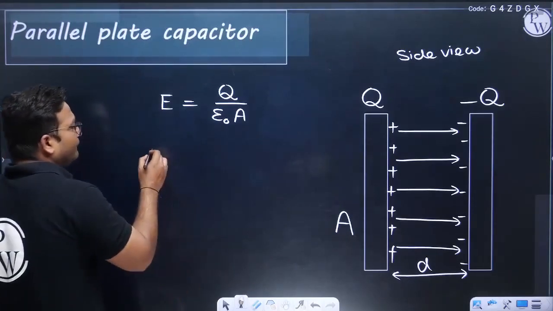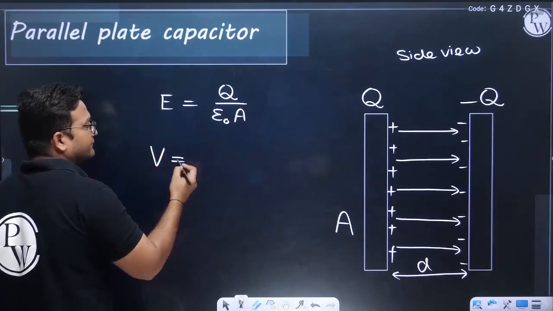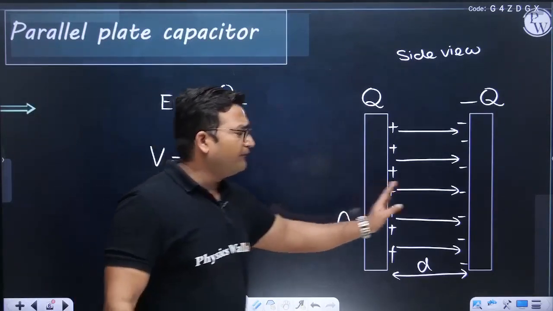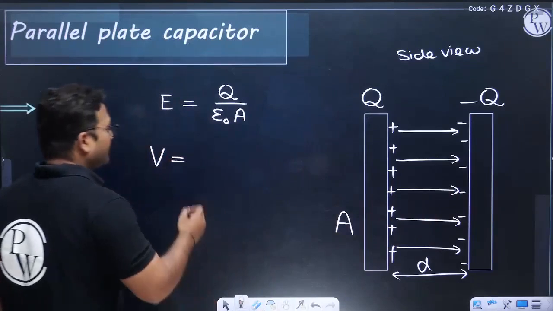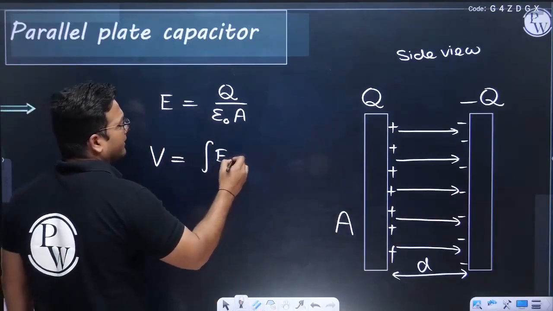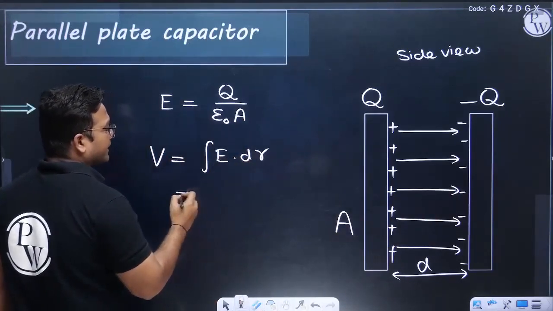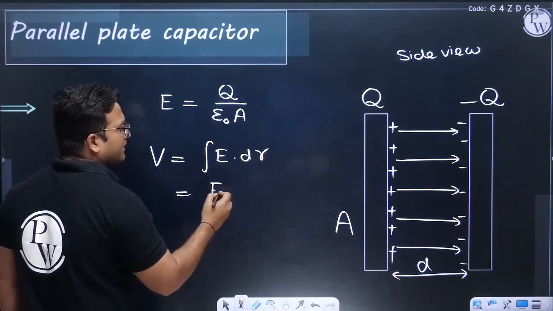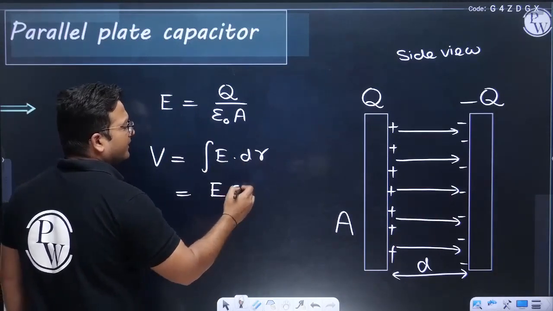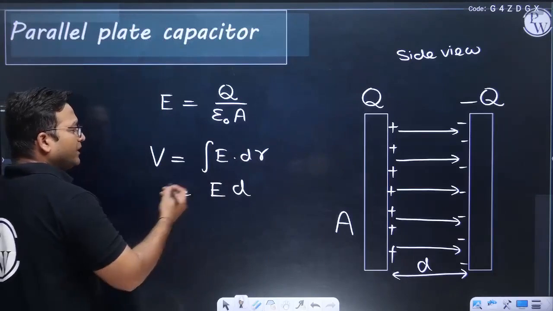If we want to find the potential difference, as the electric field is uniform, the potential difference, the integral of E dot dr, can be written by taking E outside as constant, and the integral of dr would be equal to D. So V equals ED.